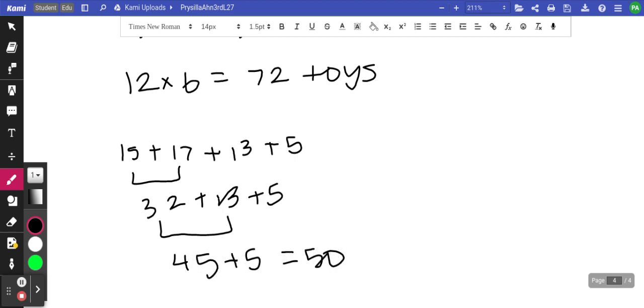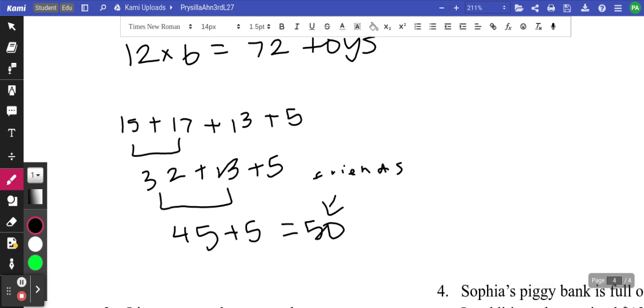So 50 toys from his friends. Okay, so to figure out the rest, we just simply need to subtract, right? Because 50 is taken away from 72. Which means Jamal bought 22 toys.